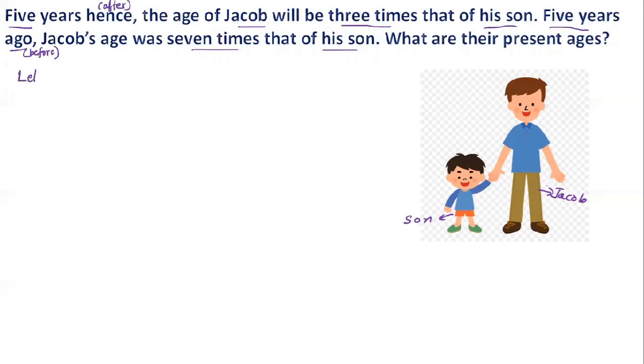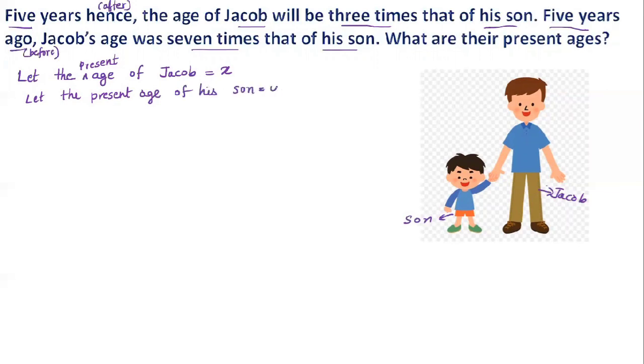Now let the present age of Jacob be equal to x. Let the present age of his son be equal to y.